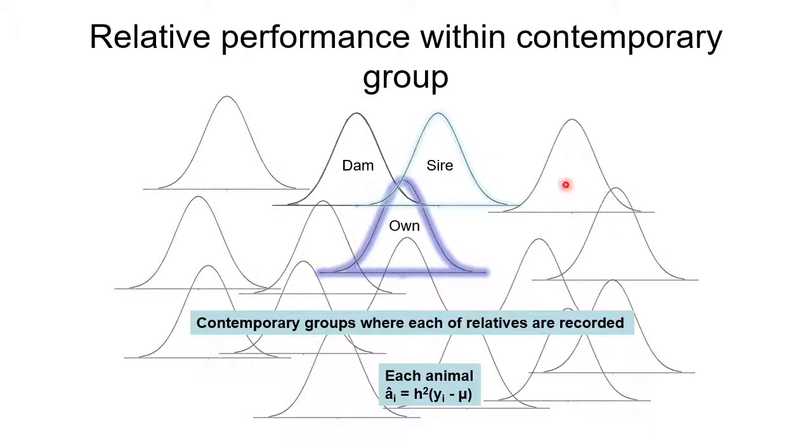The same is then true for all other relatives that are maybe further removed. Obviously this animal is 50% related to its sire and its dam, and also 50% related to each of its progeny, and that will all contribute to the breeding value of that specific animal. If we talk about 50%, it means that it is as if half of the animal will be tested in each of these different environmental groups or fixed effect groups, herd-seasons, or whatever the case might be.